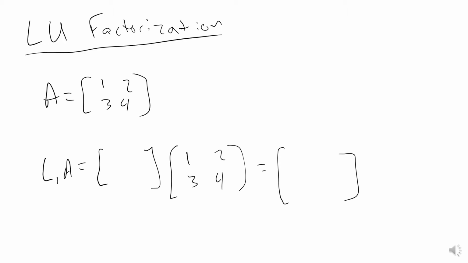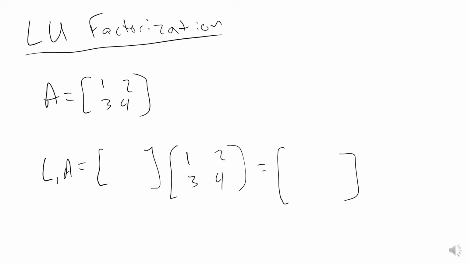Alright, so here our matrix A, this 2 by 2 matrix, has entries 1, 2, 3, and 4. The idea is to start: we want to multiply A on the left by some matrix that will mimic the process of Gaussian elimination, or row reduction.